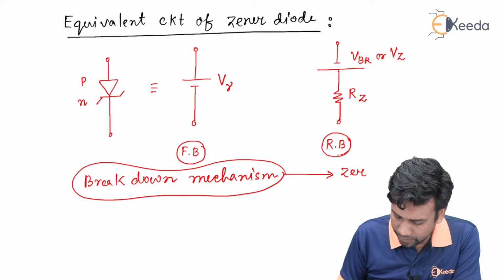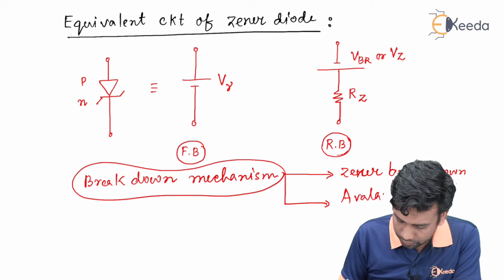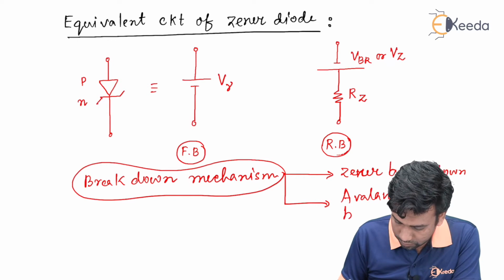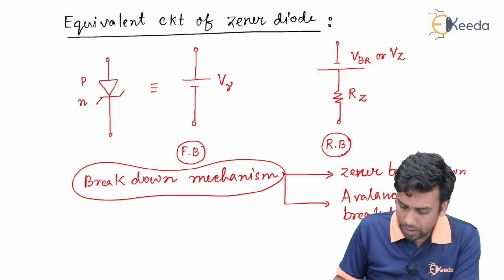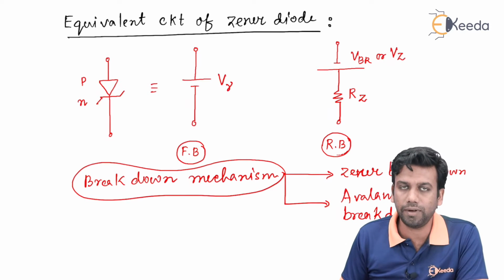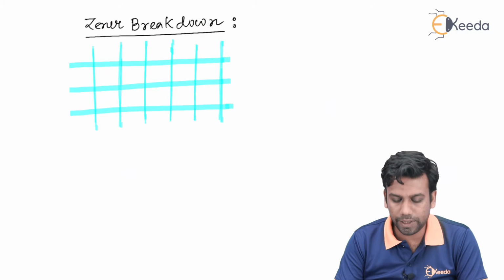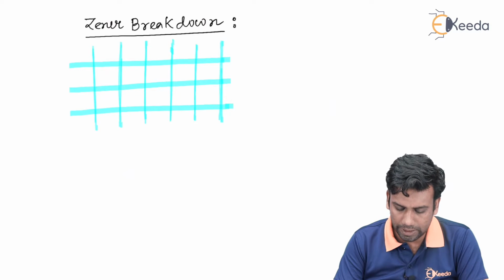The first one is the Zener breakdown, and the second one is the avalanche breakdown. Now, let us discuss what these mechanisms are, the Zener and the avalanche breakdown. For discussing the Zener breakdown, we have to take the bond model of the diode.